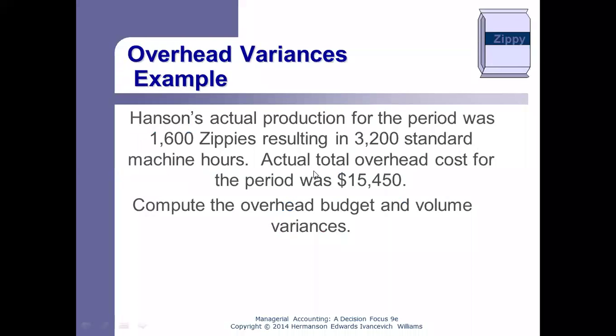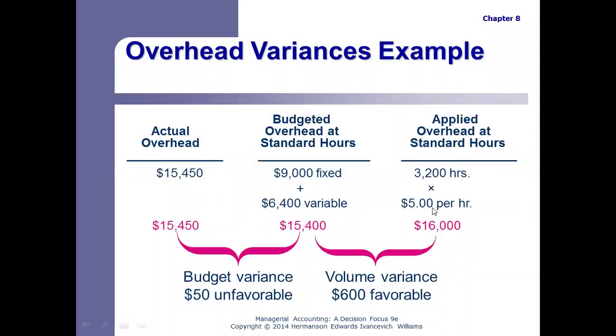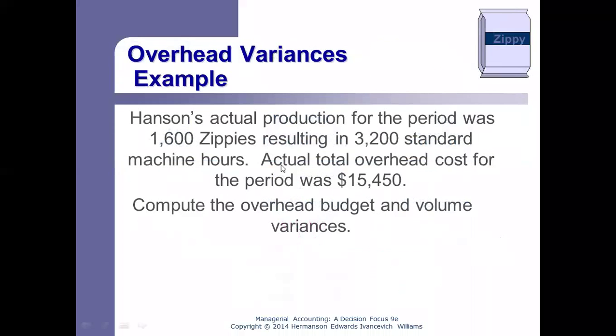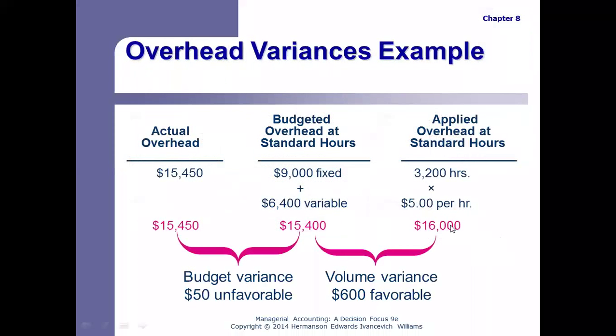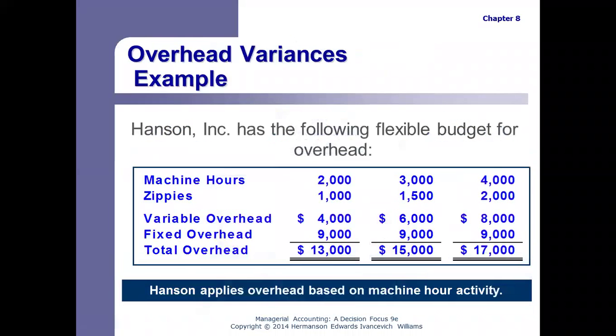It should have indicated that the standard rate is $5 an hour. That's a piece of information that should have been given to you. So the amount of overhead that is supposed to be applied based on the standard 3,200 hours should have been $16,000. The middle column is, and again, they don't give you all the information here. Oh, here it is right here.